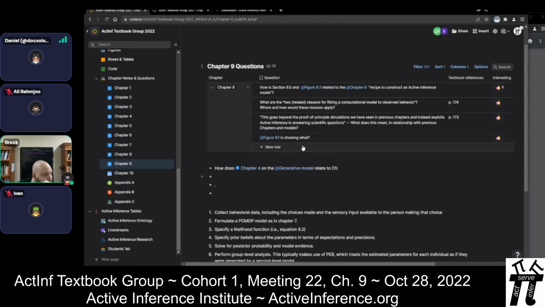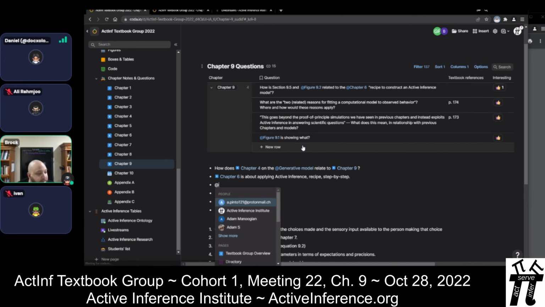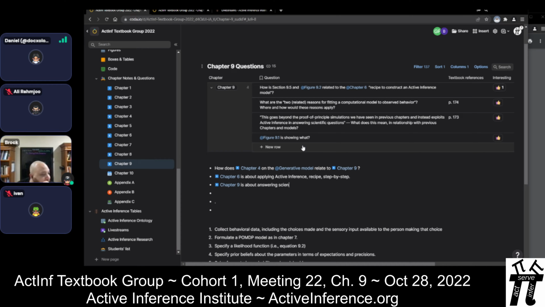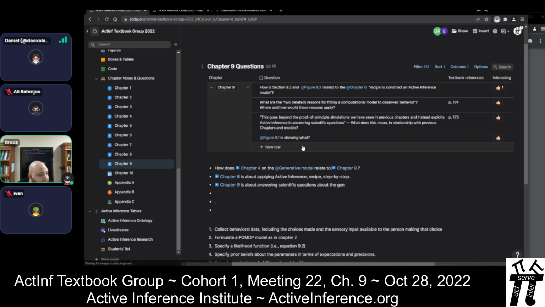I mean, 6 is about thinking about applying it in an incredibly simplified, step-by-step kind of way. And 9 is very specifically about answering scientific questions with it, and doing that with this meta-Bayesian, almost nested schema of active inference.